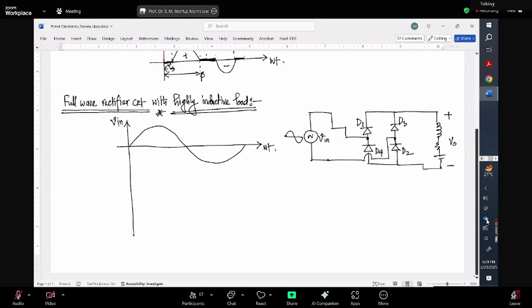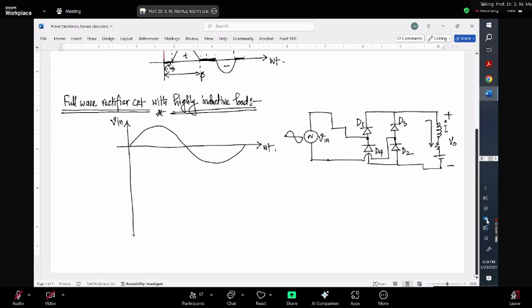So now, since there is a highly inductive load here, the current through the inductor will always be a constant current. So whenever you have a constant current, what will happen?